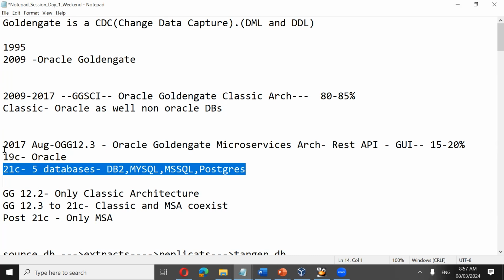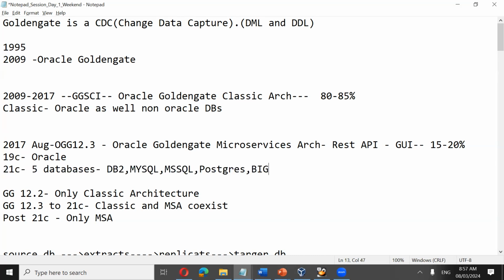But from Goldengate 21C onwards, microservices support has been included for 5 databases as well, apart from Oracle: DB2, MySQL, MS SQL, Postgres, and Big Data. These are the 5 databases for which it has been included. MS SQL stands for Microsoft SQL Server.